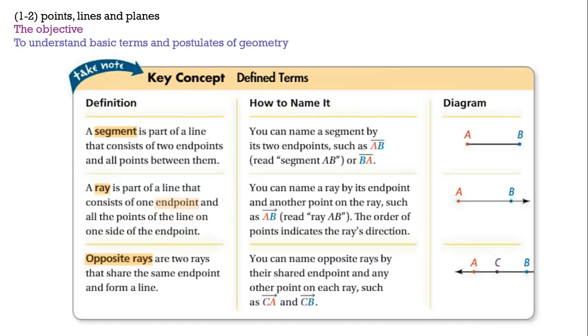Now, let's define more vocabulary we need. A segment is a part of a line that consists of two endpoints. So what is the difference between segment and line? A line does not have any endpoint, so it goes from here until infinity, and from here until infinity, while a segment has two endpoints.